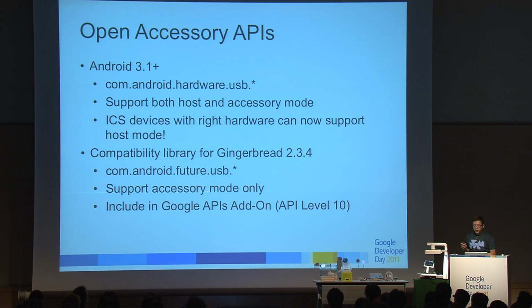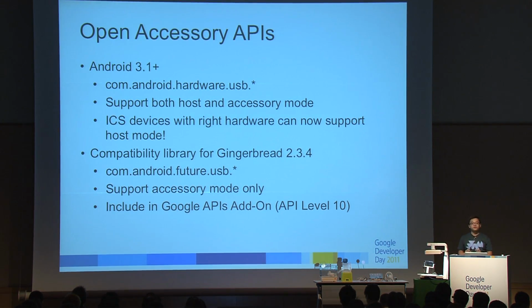About the Open Accessory APIs, we are offering two sets of APIs. One is for pre-Honeycomb and one is for Honeycomb or later. For Honeycomb or later, it uses the package com.android.hardware.usb, and in this API we actually support both host and accessory mode.